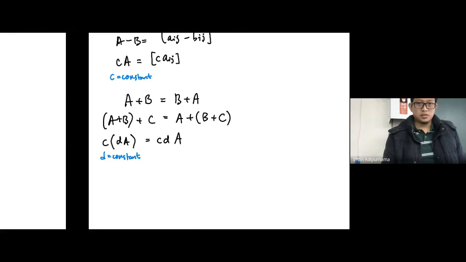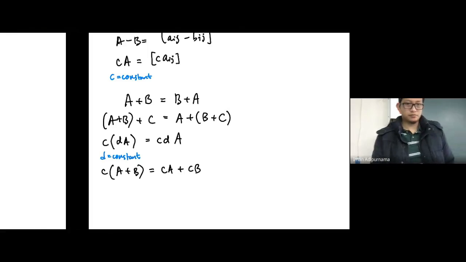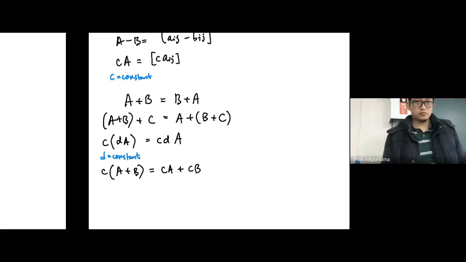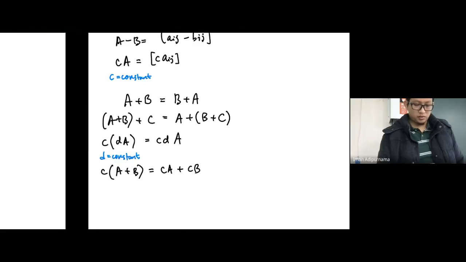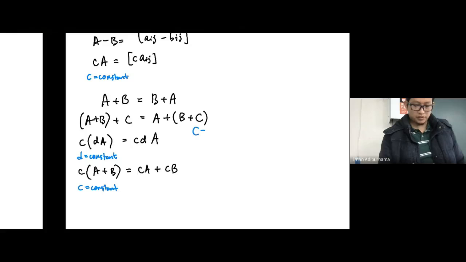So if you multiply the scalar with A plus B, it's the same as CA plus CB. C is a constant here, and this C is a matrix, the big C.